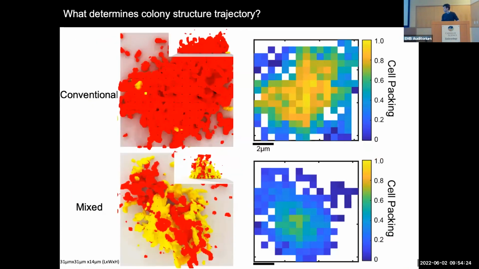The other thing that's different is that, like I said before, the internal part of these conventional cholera colonies passes the high packing threshold that confers protection, and the other ones don't. That just never happens, which is why this whole effect occurs.